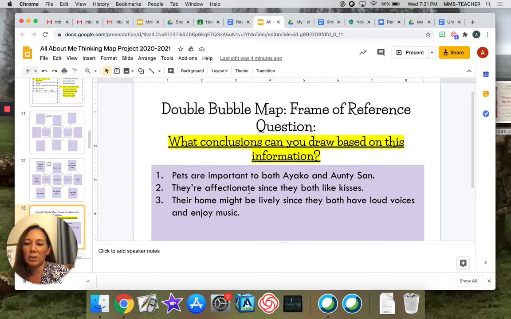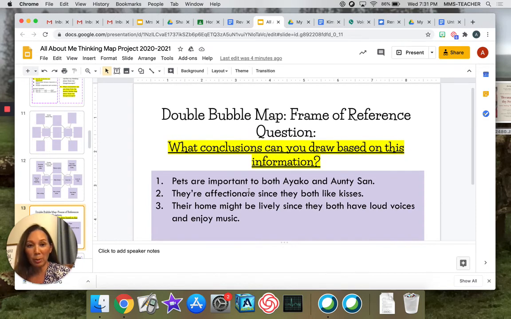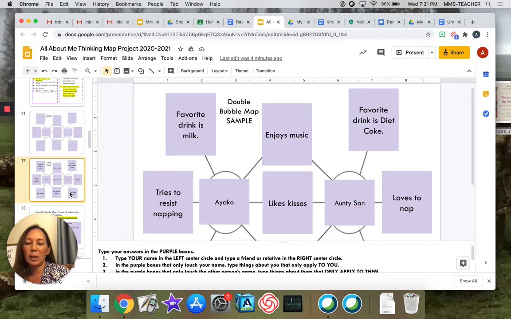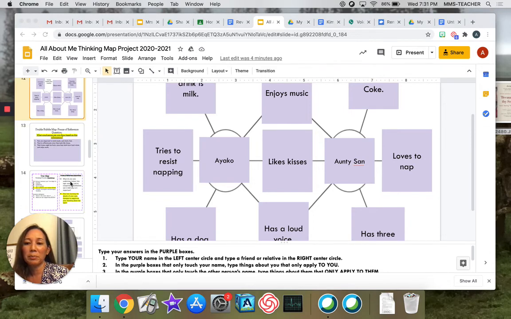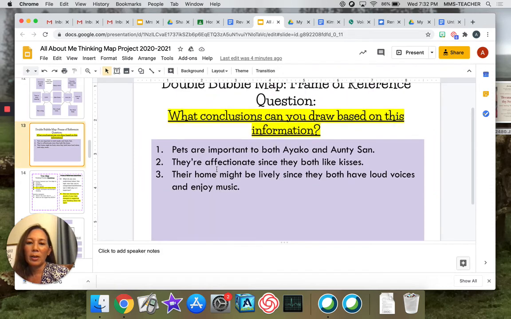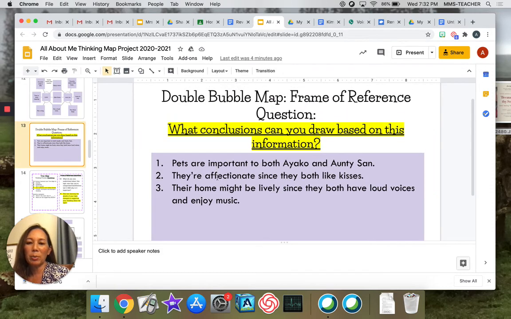So here's some examples, and I want you to come up with 3 as well, and you can number it like this. So one conclusion that I could draw from looking at this double bubble map here is that pets are important to both Auntie San and Ayako.